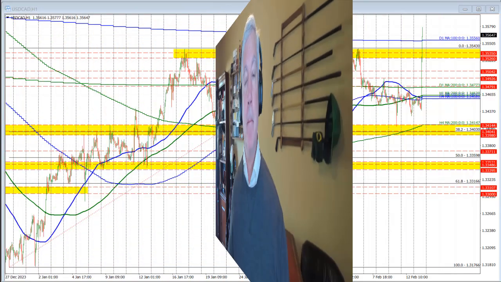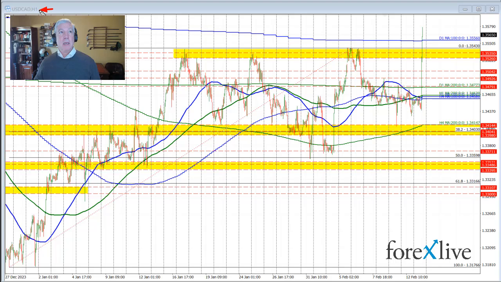So let's get started. Starting off by looking at the dollar versus Canada, I'm going to look at the hourly chart first. If we take a look at this surge to the upside, we were trading below this cluster of moving averages and also below the 200-day moving average. But the CPI data sent price surging to the upside, and in the process we moved above this swing area, outlined by this yellow area.